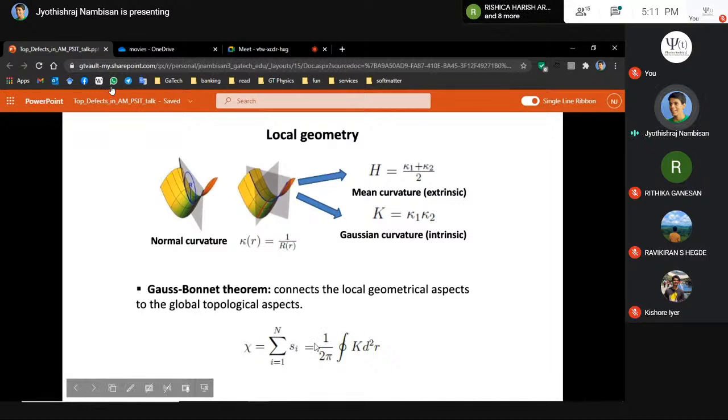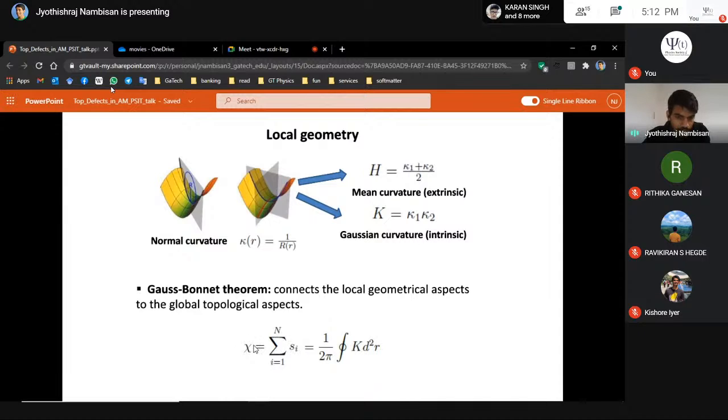But locally, once you have the Gaussian curvature over the surface of interest, and this need not be a two-dimensional surface, this can be the 2D surface of a curved 3D object or higher dimensions as well. So you have to calculate the integral appropriately. And you see that the local geometry defines how exactly this sum happens and connects to the defects as well as the Euler characteristic. So that's the beauty of Gauss-Bonnet.